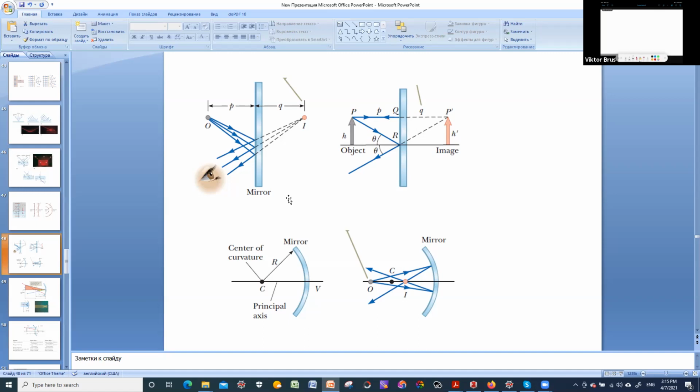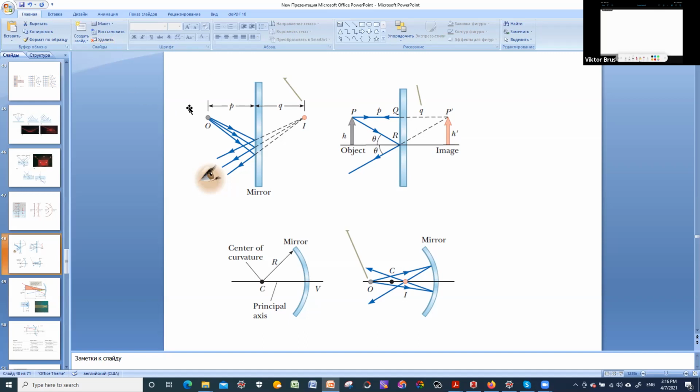A real image is formed when light rays pass through and diverge from the image point. So they need to go through the image point and diverge from this image point. Keep this in mind. Then a virtual image is formed when light rays do not pass through the image point, but only appear to diverge from that point.